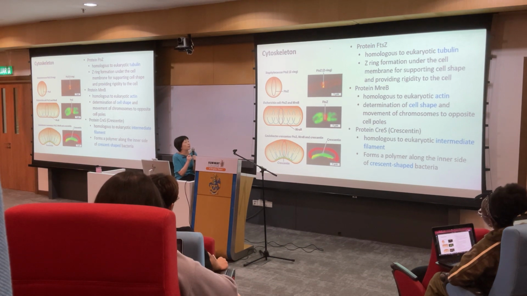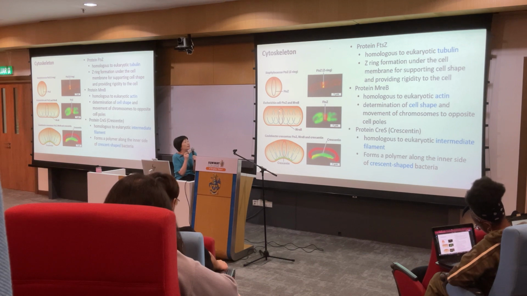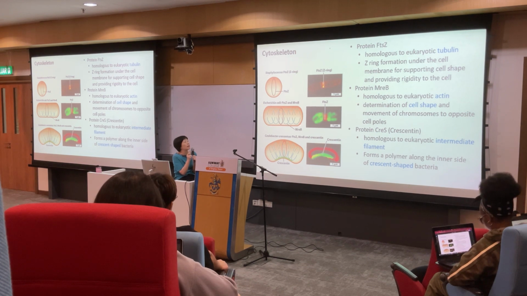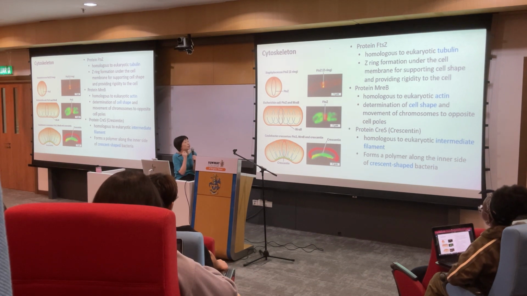So they may have something similar, but they do not have exactly MreB. This MreB is holding the bacterial cells as a rod shape. If you without this MreB, they actually can be in a spherical shape. Right? This is important for holding as a rod shape.